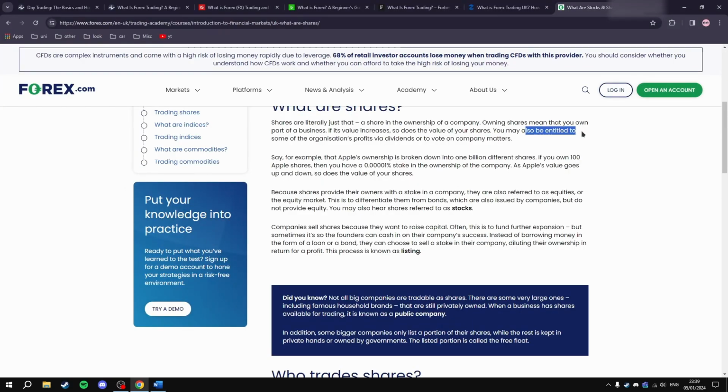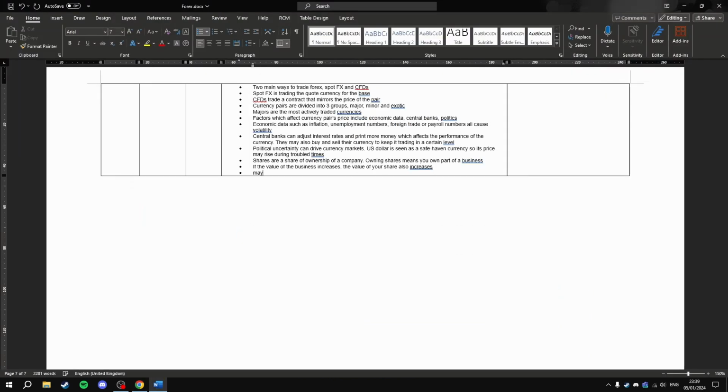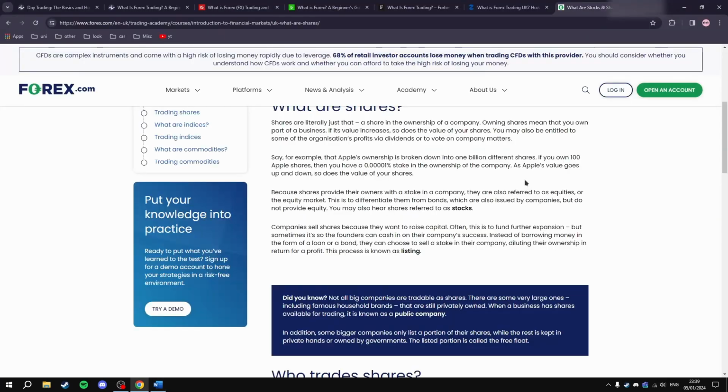You may also be entitled to some of the company's profits via dividends, or to vote on company matters.